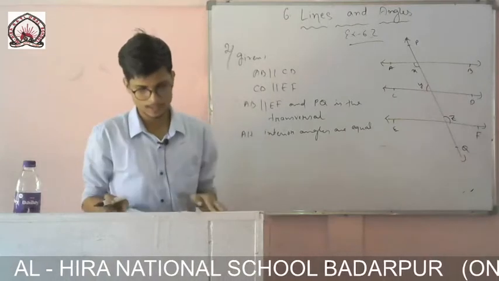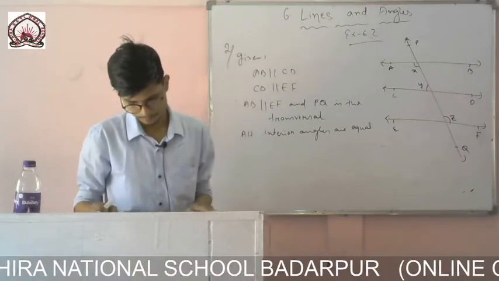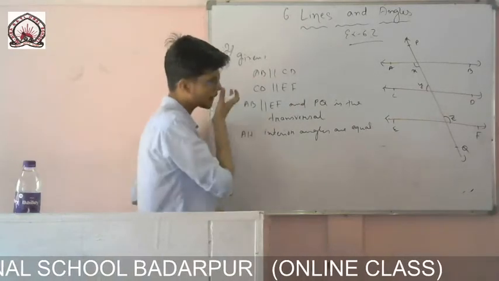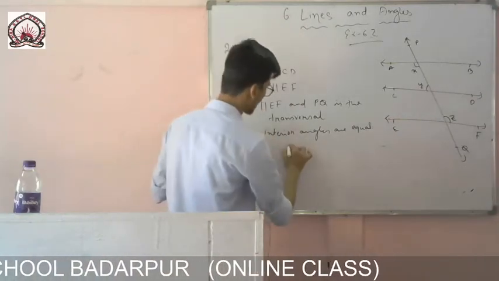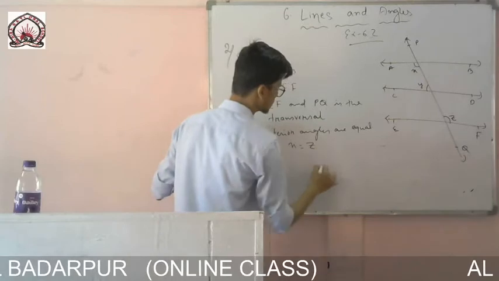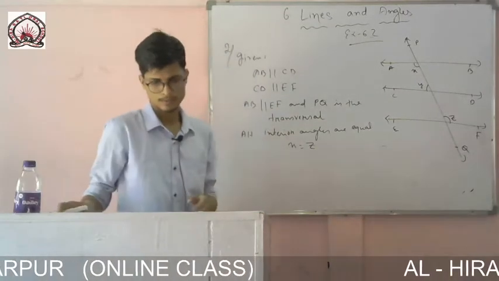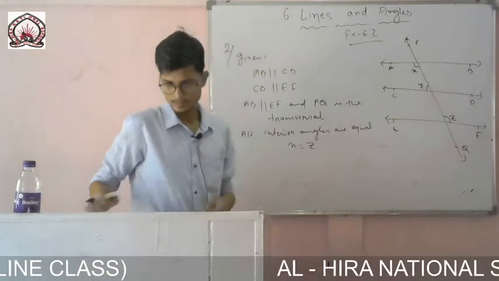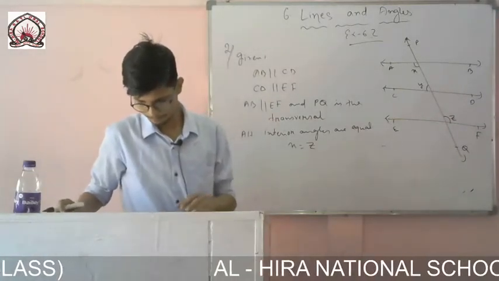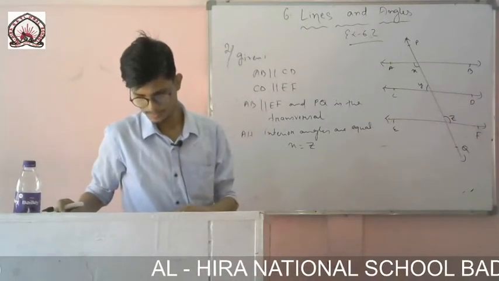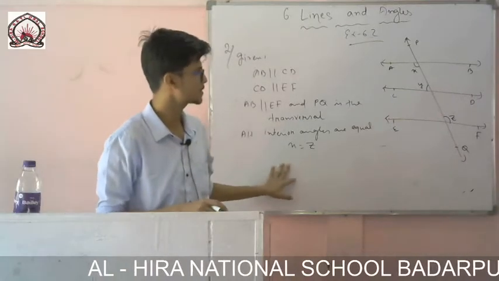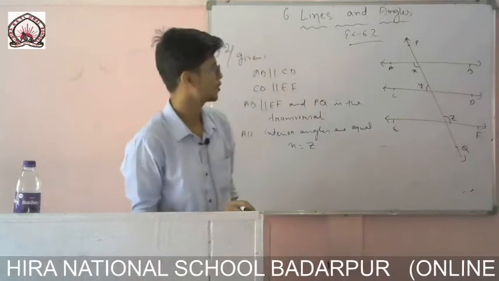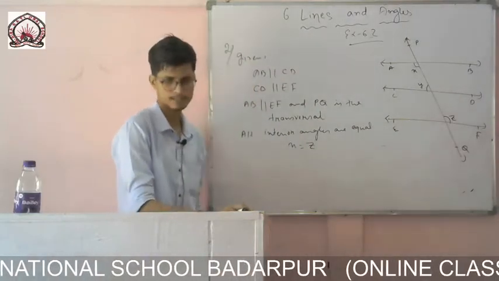So I can write x equals z. The question is to find the value of x. So x equals z, because they are alternate interior angles.